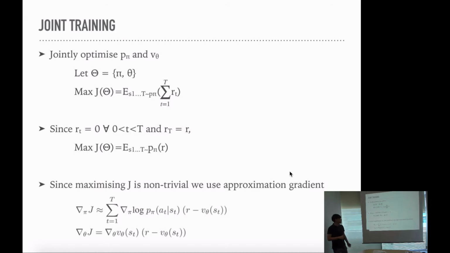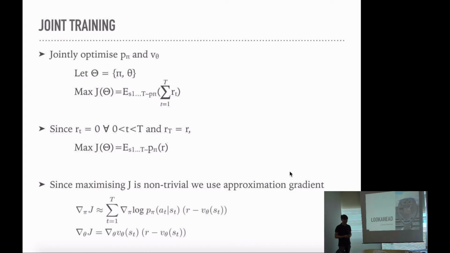At every point in time before the full sentence, there is zero reward, and there's only a reward at the end of the sentence. That's why we can say that we maximize J, the expected reward R, because the reward is only the one at the end of the sentence. So this is the same as this. Maximizing J is non-trivial, so they use some theories from reinforcement learning to approximate the gradient, and the gradient is this, which we will optimize.